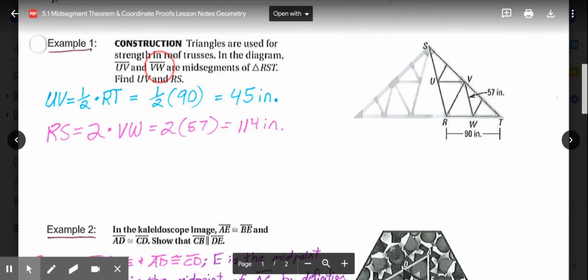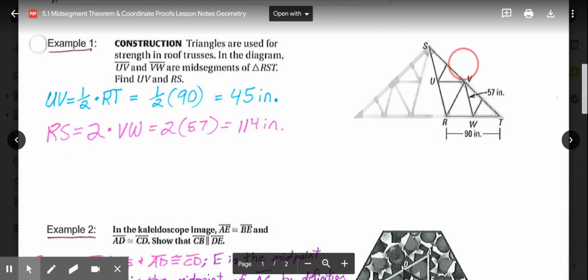Then in part 2 of this problem, we're looking at VW. VW is right here, and VW was 57 inches. They want us to find the measure of side RS.